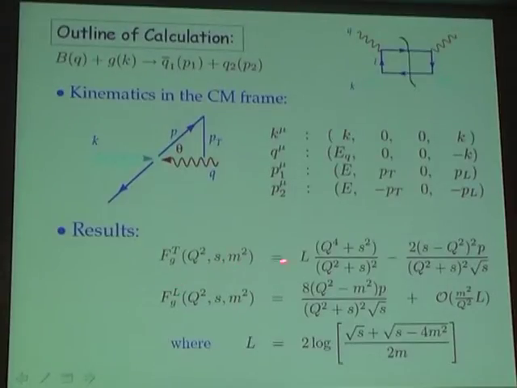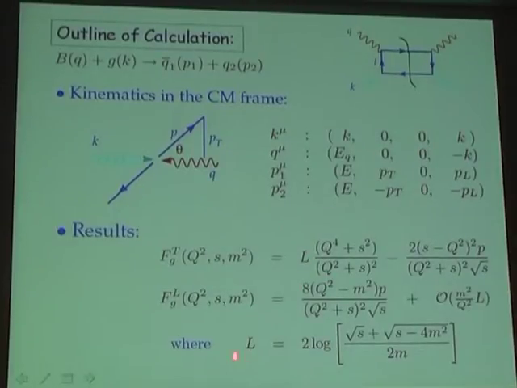The thing to notice here, in addition to what I mentioned yesterday, that is very important is this logarithm factor, is that for the longitudinal structure function, you see the leading term here does not have this logarithmic dependence. The log does come in, but when it comes in, it's proportional to the mass of the quark, at very high energies, of course.